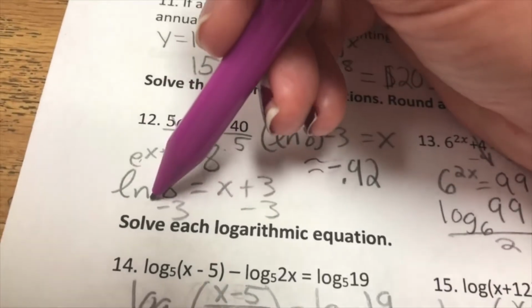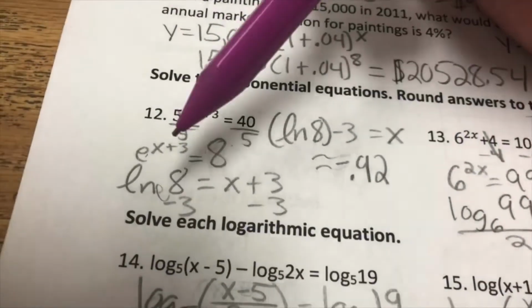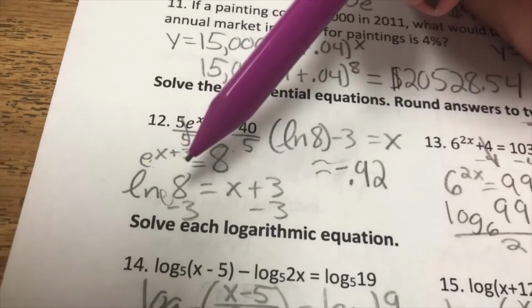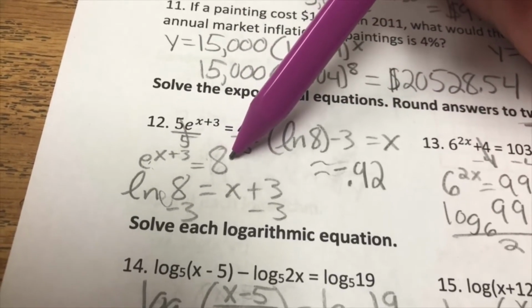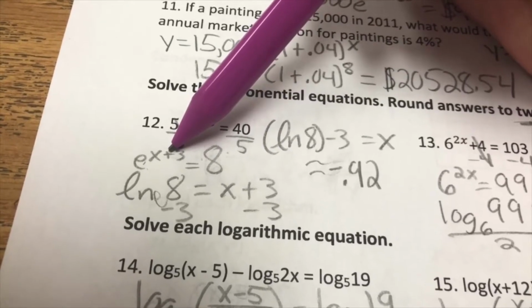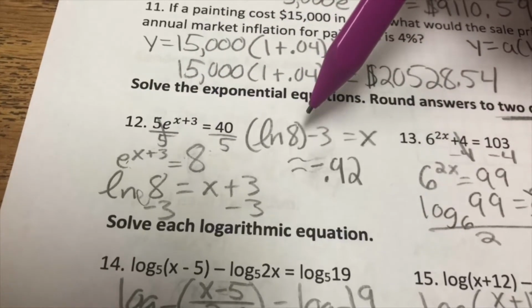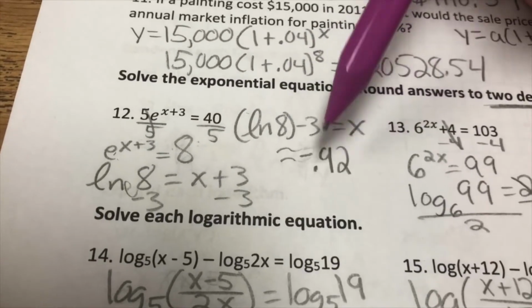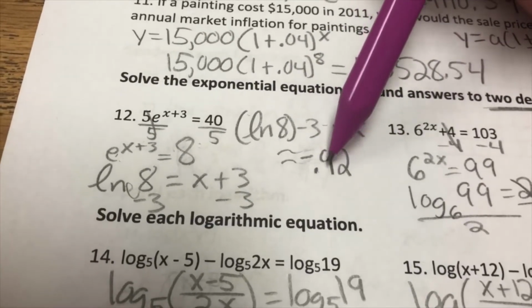The imaginary e is right there. So base of my exponent, base of my natural log, taking the natural log of my 8 and making it equal to my x plus 3. To simplify, I've got natural log 8 minus 3, and I put it into my calculator, and it is negative 0.92.